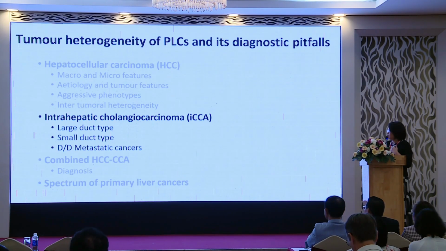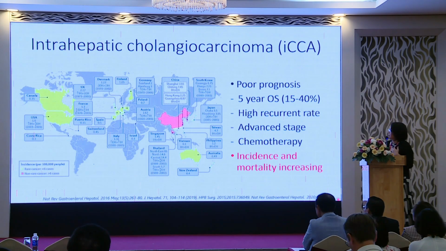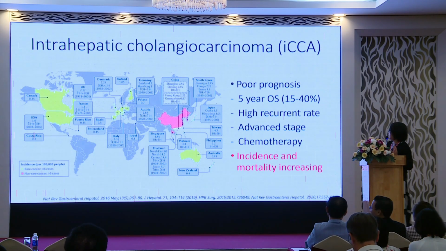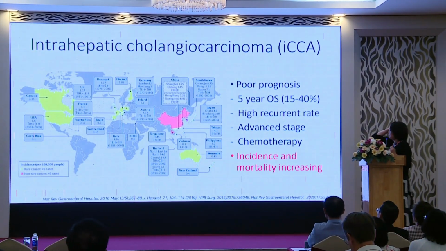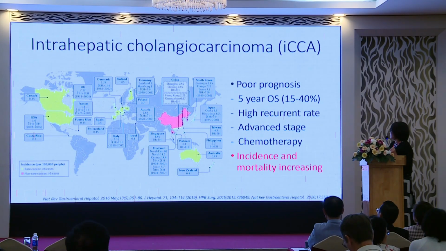So now we are moving on to the intrahepatic cholangiocarcinoma section. As you know, intrahepatic cholangiocarcinoma has been increasing across the world, and it's a highly malignant tumor, with only 15 to 40% 5-year overall survival, even after curative resection.